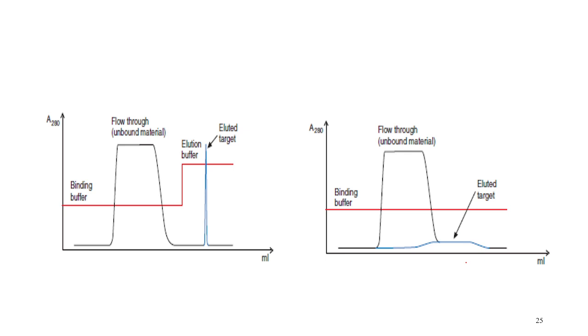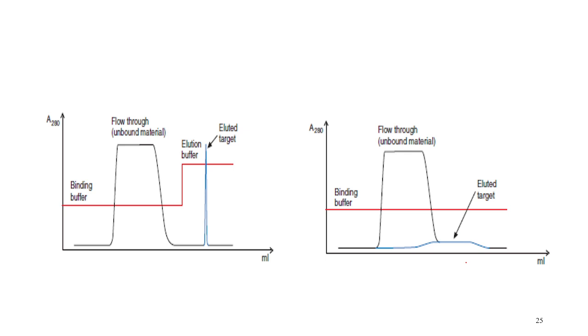But sometimes it occurs that even if you change the buffer composition, your protein might not elute. There can be several reasons for it. One is that the composition of the buffer that you are using might not be correct. The second is that your protein does not absorb well, so you get very low absorbance, because the molar extinction coefficient of your protein might be very low due to lack of tryptophan or tyrosine residues.